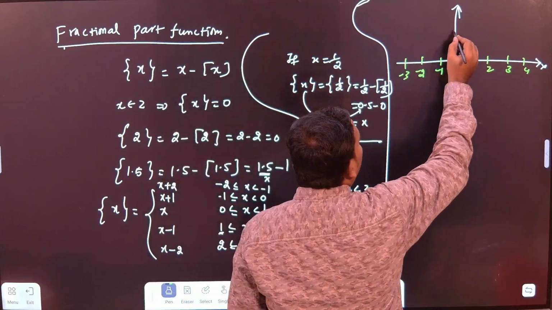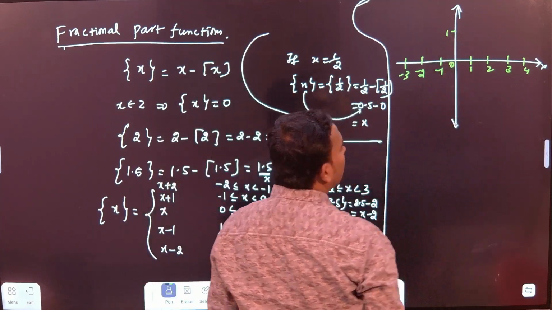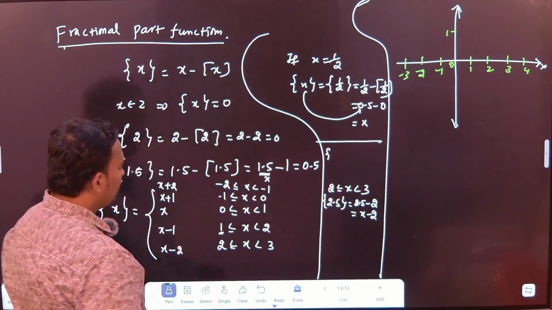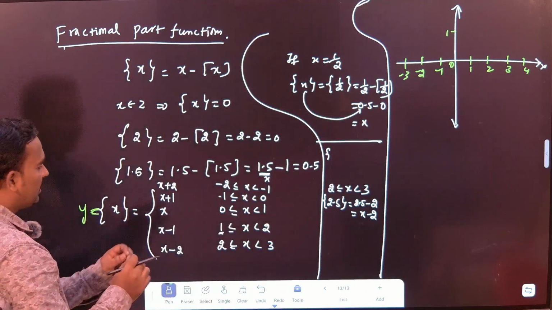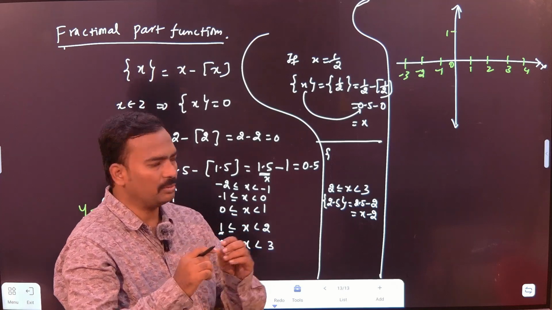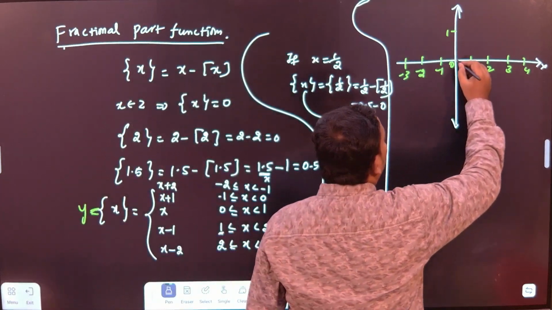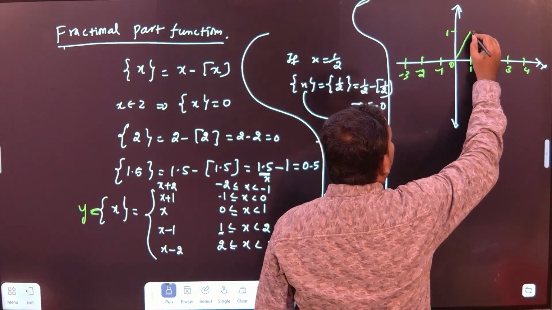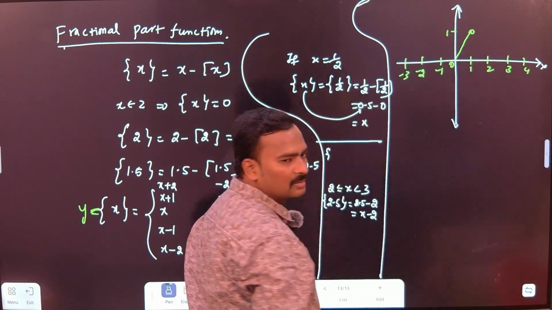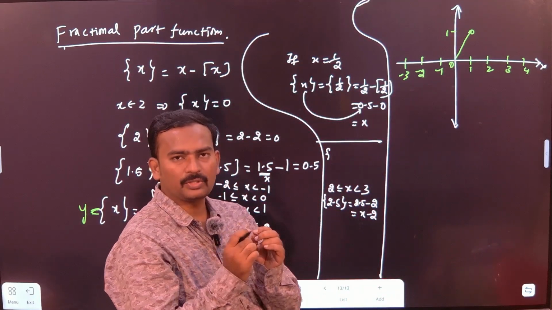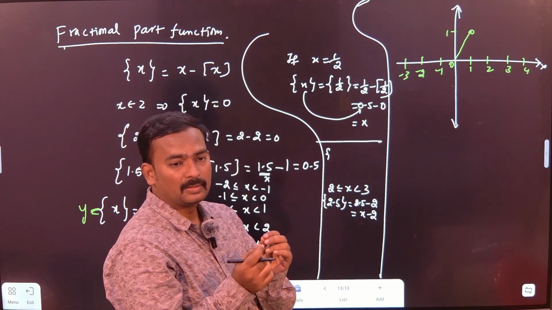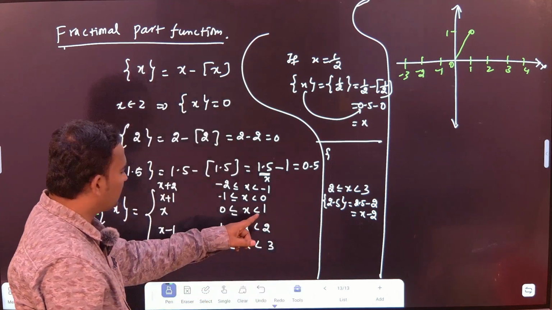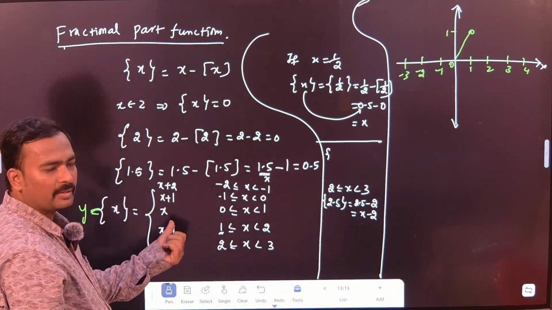The output value here is 1 only required. For 0 to 1, this is y, y is equal to x. You know how to draw y is equal to x, passing through the origin. But you should not take 1, because here it is strictly less than 1, you cannot include it, right?